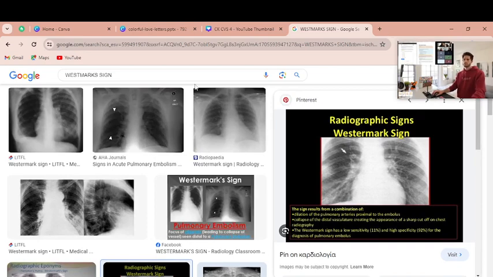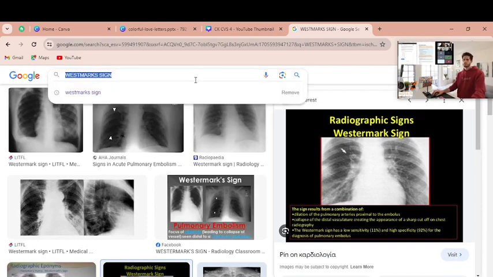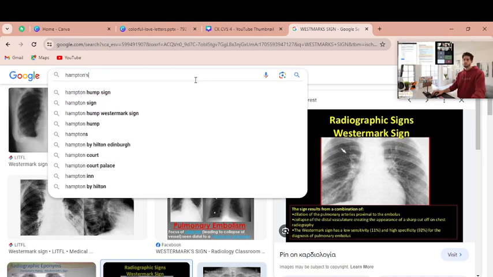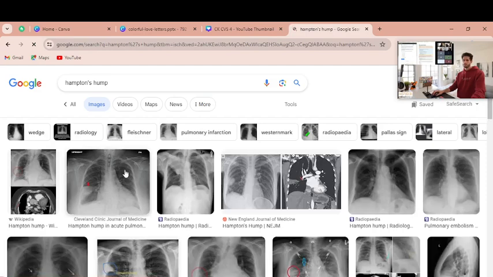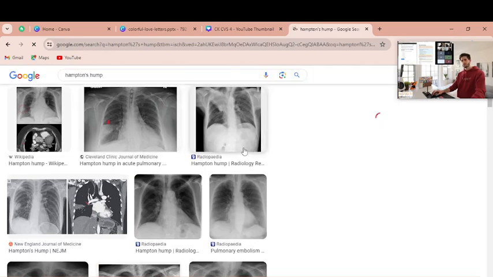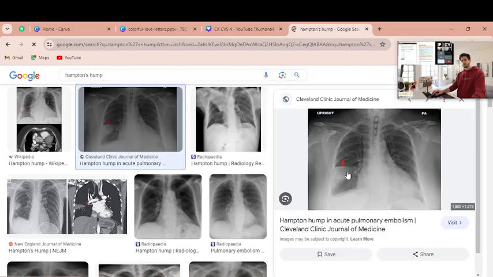The other sign is the Hampton's hump. So the Hampton's hump is this one. That's a good picture. So just see that it looks something like this, Hampton's hump.